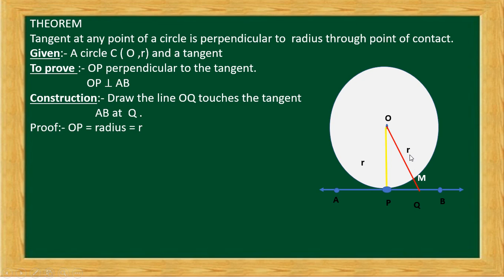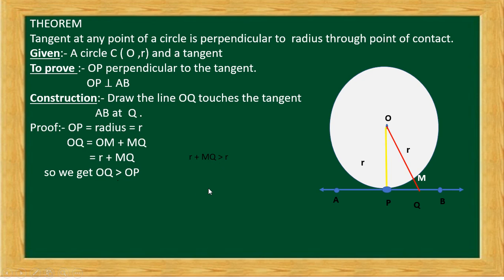So we can write OQ is equal to R plus MQ. Now by these two equations, OP is equal to R and OQ is equal to R plus MQ, we clearly get that R plus MQ is greater than R, meaning this line OQ is greater than OP.